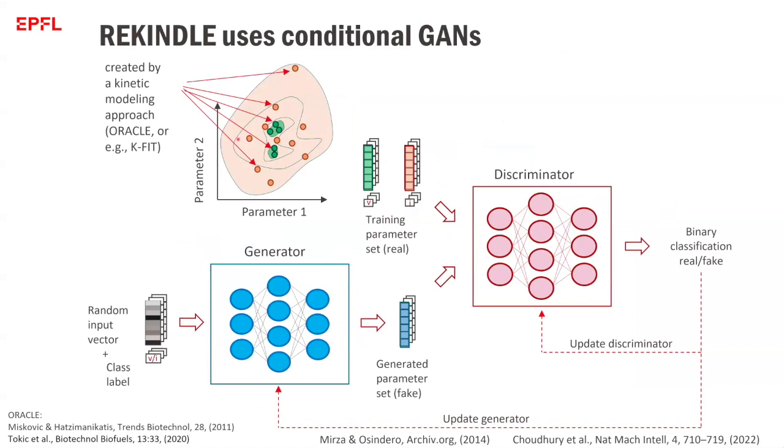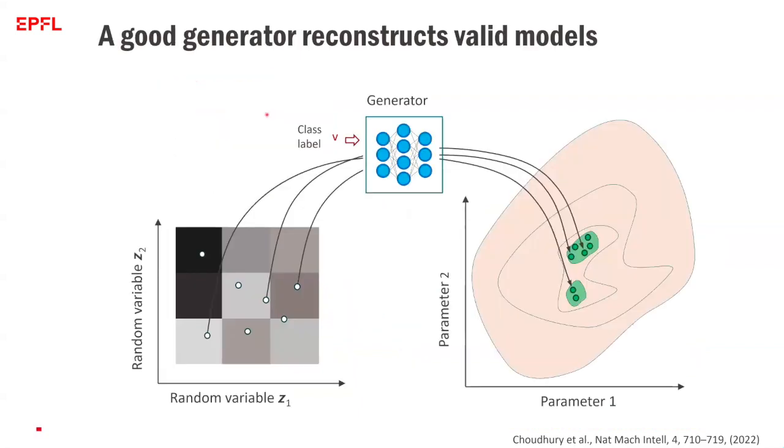And once you have well trained your generator, then it really goes like a breeze. You create any random vector, you put it in the input of your generator, and your generator, if well trained, is supposed to create for you only the parameters within this green patch.